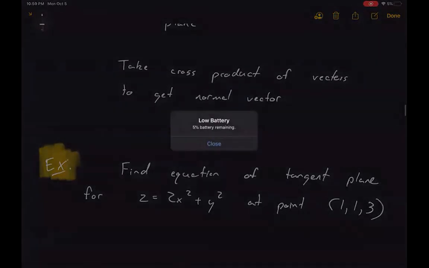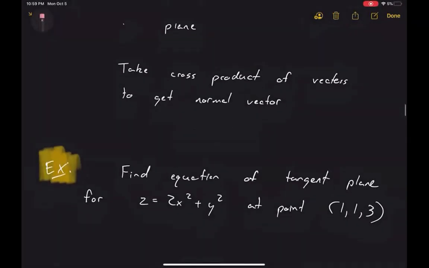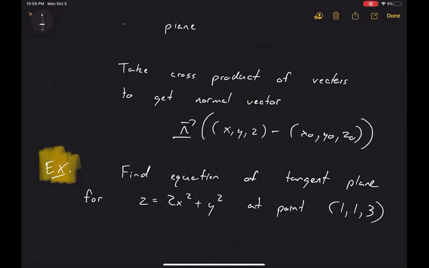And then I had my normal vector, right? And then I have this general point, x, y, z, and I subtract from that the point I know is on my plane, x0, y0, z0. My normal vector is going to be normal to whatever vector this is, so it's going to be equal to 0, right?